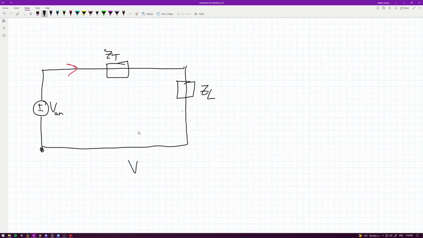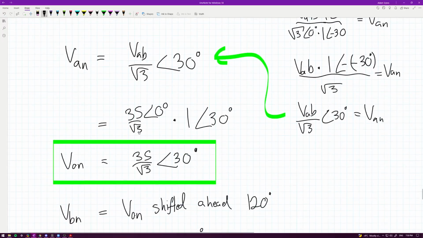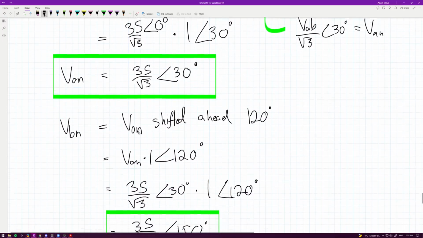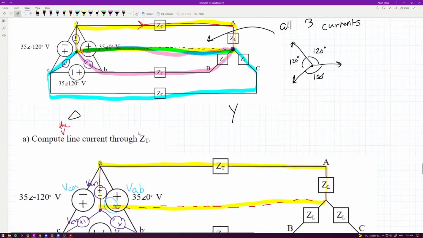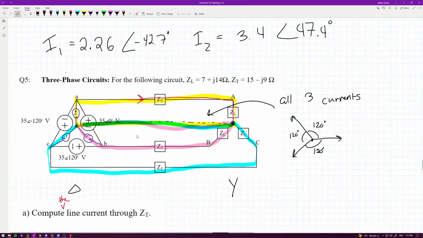So V equals I Z. Yes. So I equals V over Z, right? So V is VAN over ZT plus ZL, right? And I know all these numbers. So VAN is 35 over root 3 at an angle of 30. And then from here, we just want to plug in our values for ZL and ZT.